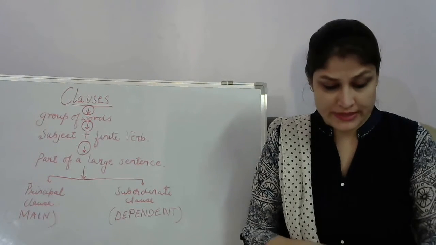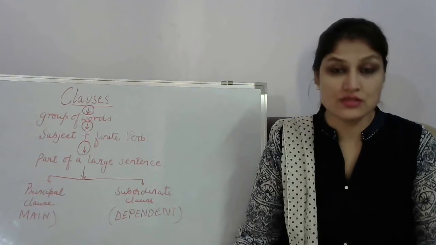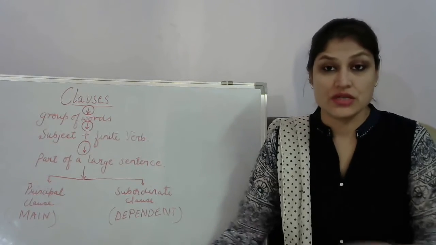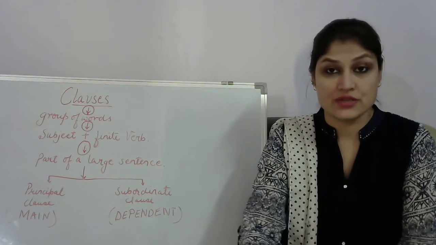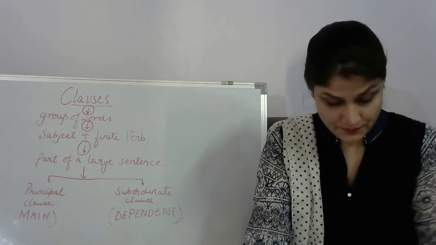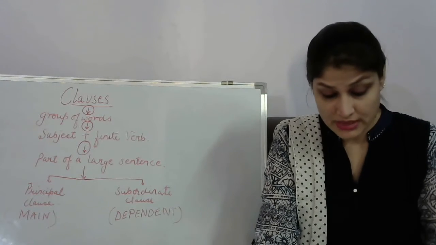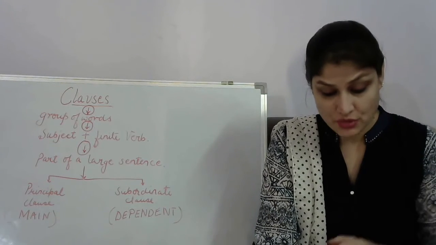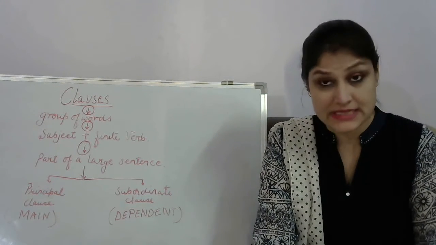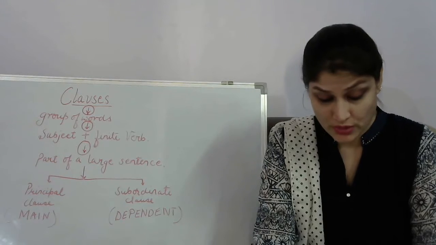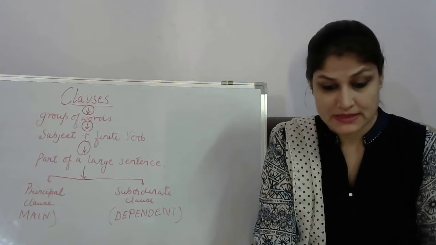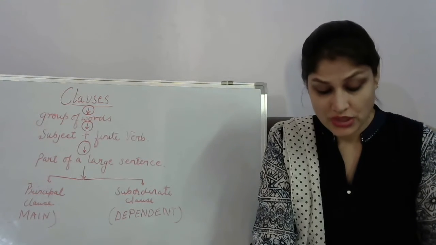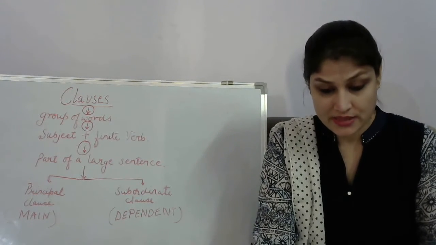Now let's do one thing. I'll discuss 1 or 2 answers of exercise number C, so that you know how you can actually do it, right? See, number 1. Okay, I'll read the question. Pick out the adjective clauses in the following sentences and say which noun or pronoun each qualifies. Is that clear? So, he who wins the race shall get the prize.